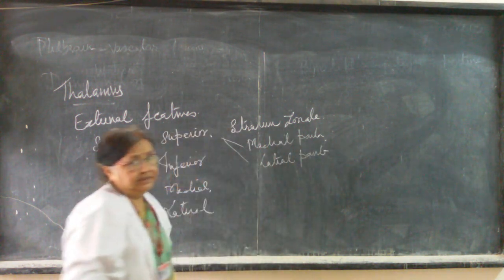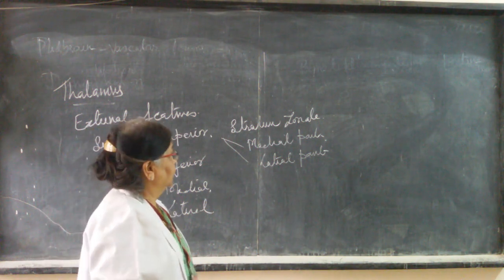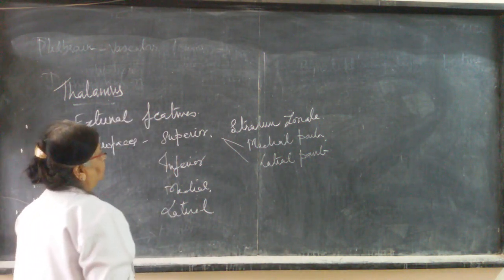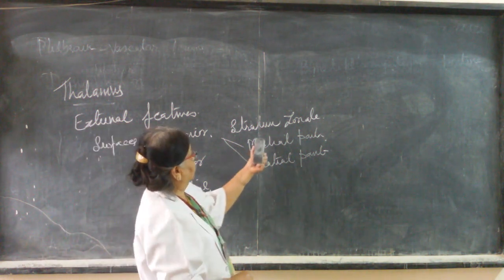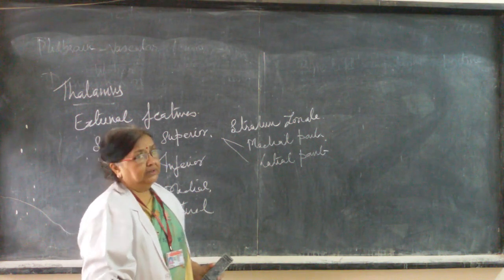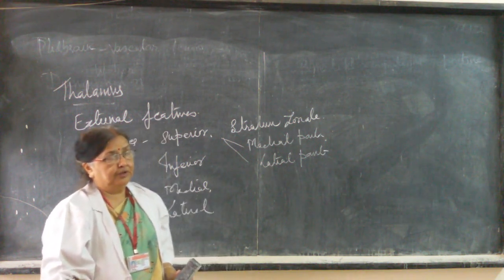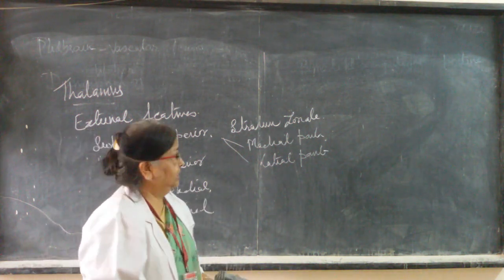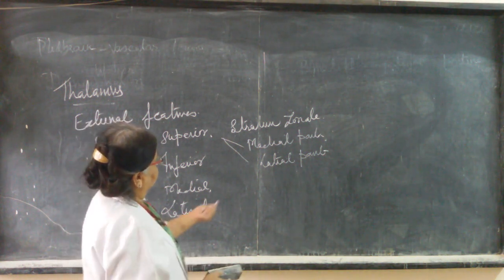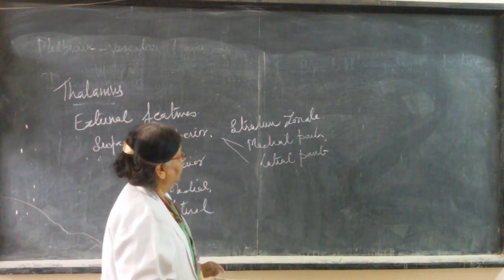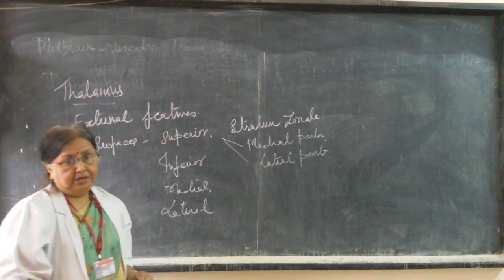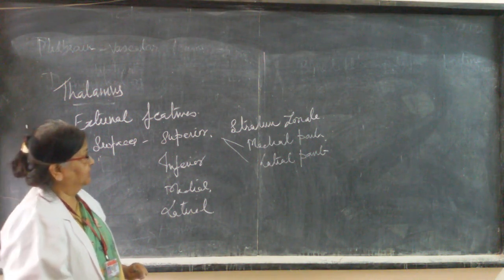The medial part is related to the body of the fornix, and in between the body of the fornix and the superior surface of the thalamus, there is the choroid fissure through which the tela choroidea extends inside. The lateral part forms the floor of the main part of the lateral ventricle.